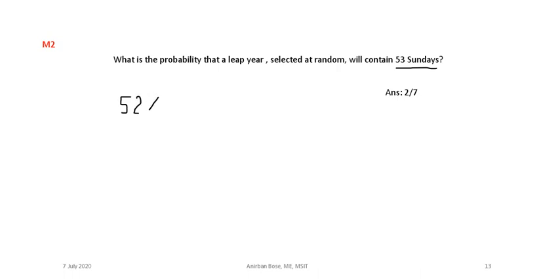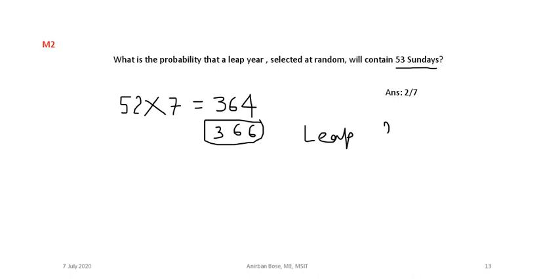So 52 into 7, 52 weeks are there, so basically 364 days are always there, and along with that, in case of a leap year, 2 days extra, because in a leap year the total number of days is 366. So basically 2 days extra other than these 52 complete weeks. In 52 complete weeks, already 52 Sundays are there.